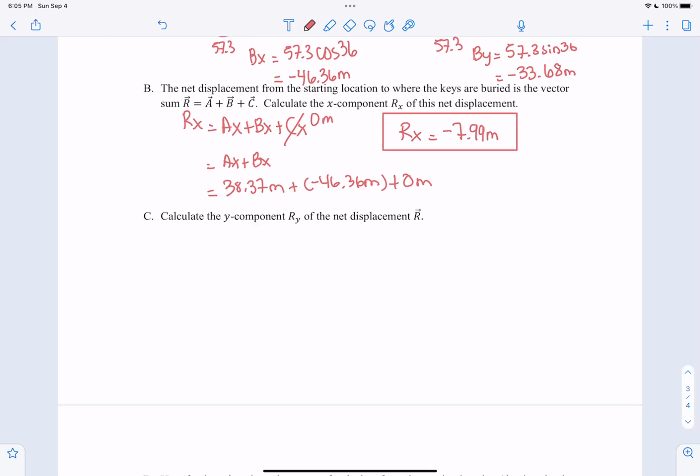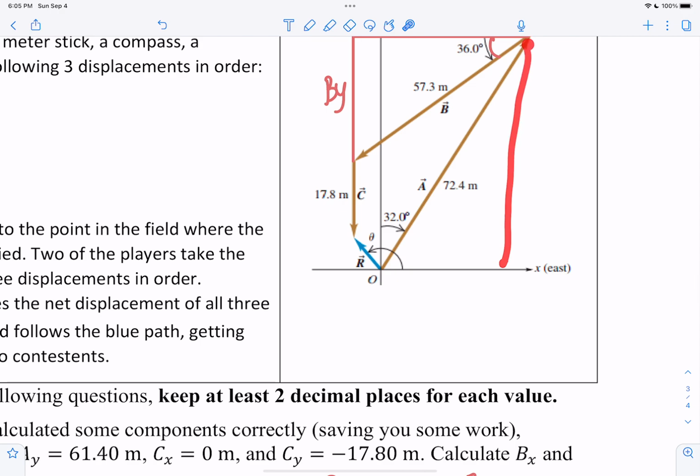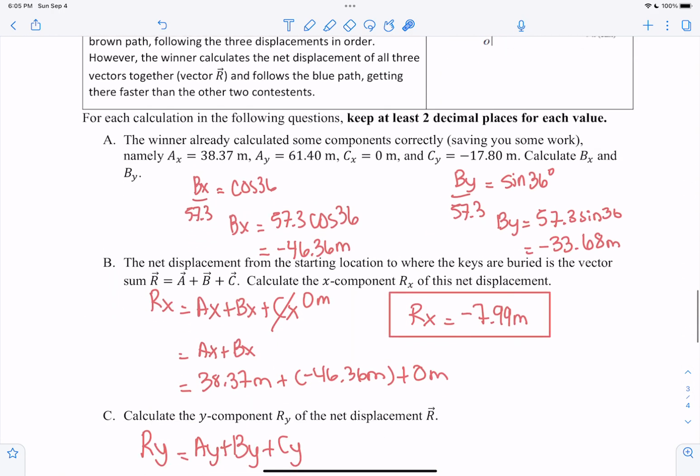Hopefully that makes sense for part B. Part C is very, very similar once again. It's just the y component, which is ry. So that'll just be ay plus by plus cy. This time there's a y component for every single one because you go ay, right, to by, and then to cy as well.